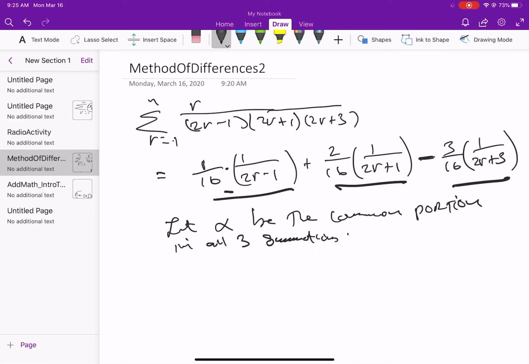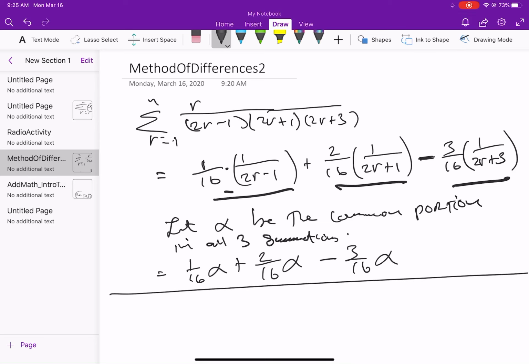The first bracket would be 1/16 times alpha. Second bracket would be plus 2/16 times alpha. And the third bracket would be minus 3/16 times alpha. All that stuff will cancel out, leaving you with an expression that you can simplify rather easily.